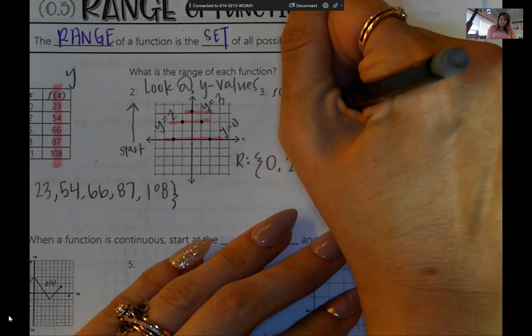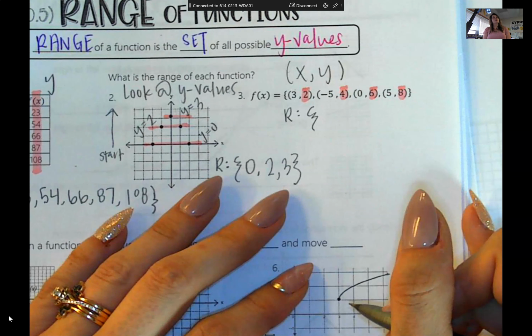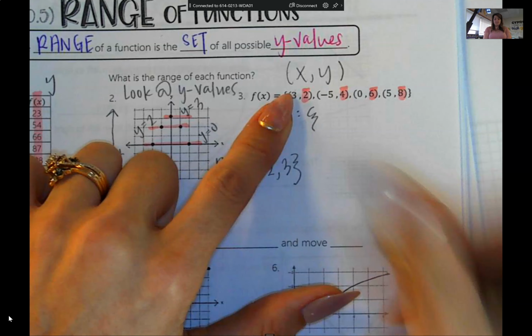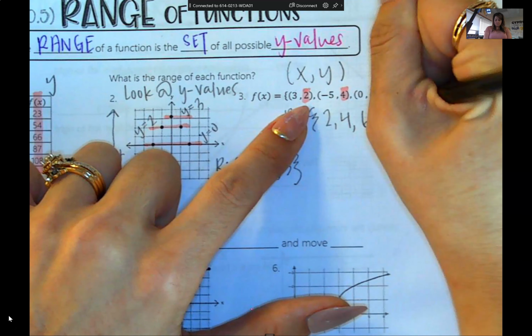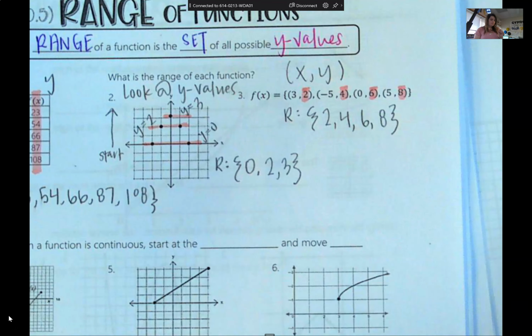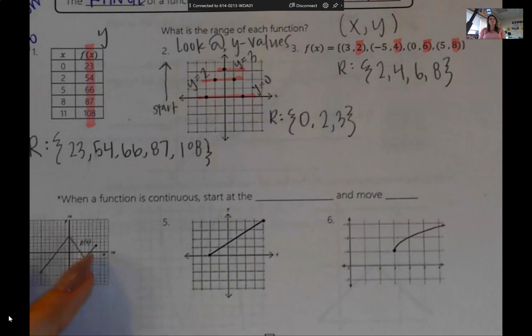This time the range in the fancy brackets is ordered for us. The lowest y is 2, then 4. Very similar to domain, we're just looking at the y values instead.